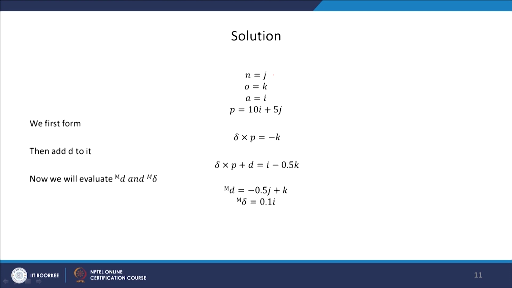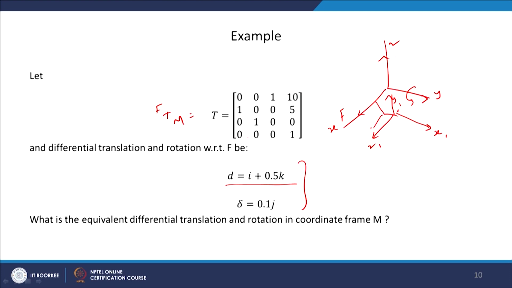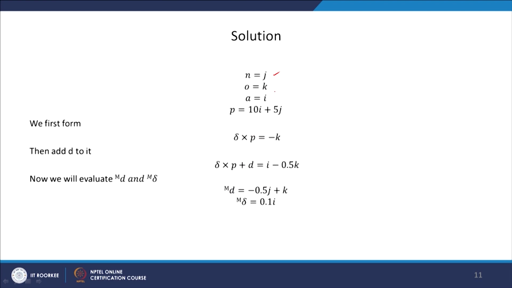So, here the n matrix's first column is 0, 1, 0, so it is j, and the O second column is the k vector, and the third column is the i vector, and the fourth, the origin, is shifted to 10 i plus 5 j position.